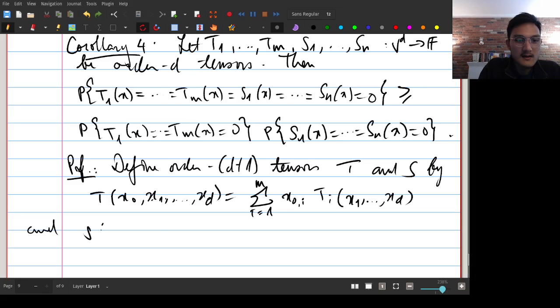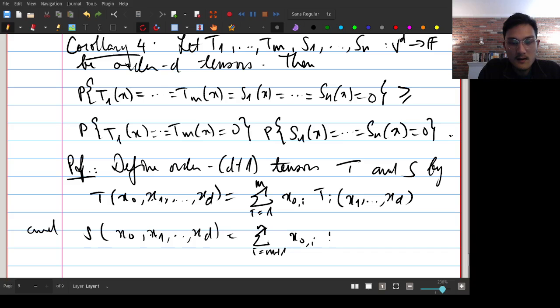And S of x_0, x_1, x_d is the same thing, with i equals m plus 1 to n of x_0i S_{i-m} of x_1 up to x_d.